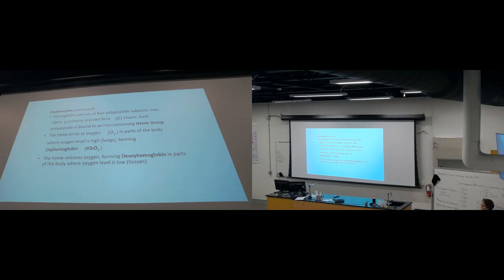That's why they have this shape, to allow diffusion to happen really rapidly. Imagine if it was a cuboidal cell, an erythrocyte, ooh, the oxygen would have all that distance to go through.